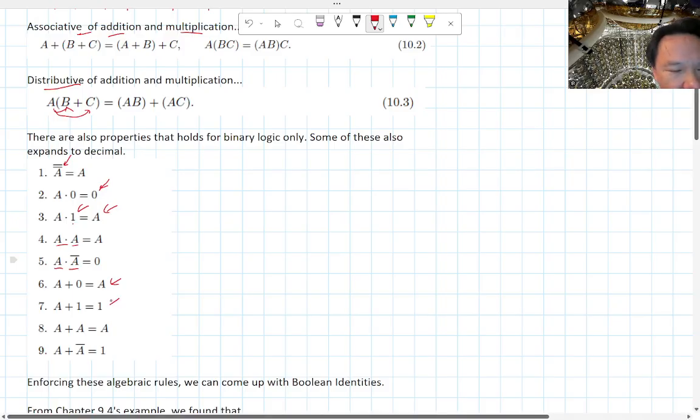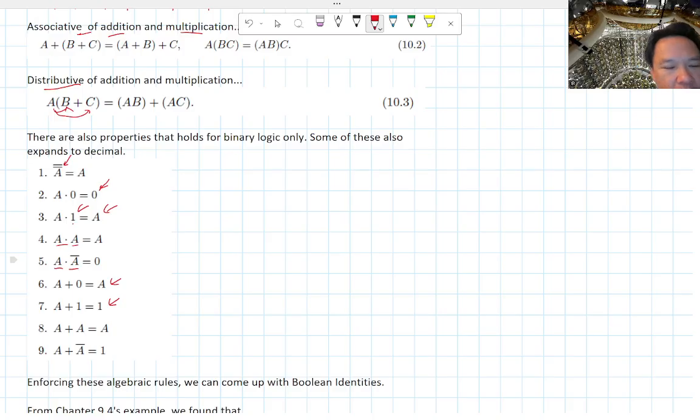If you add 1 to it, it doesn't take you out of the set. It keeps you as 1. And then A plus A has to be equal to itself. So 0 or 0 gives you 0, right? 1 or 1 still gives you 1, right?